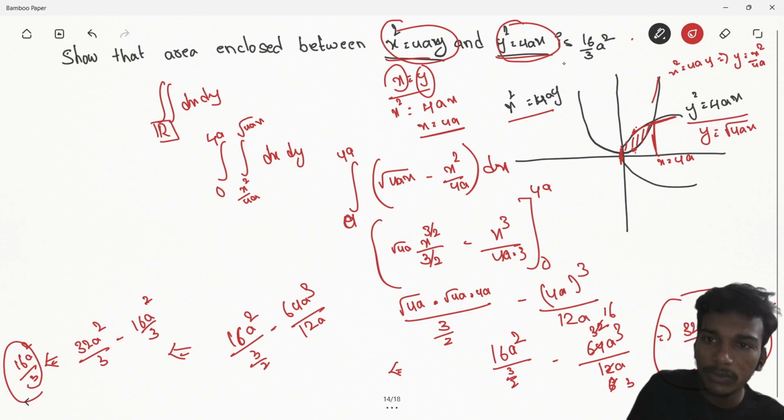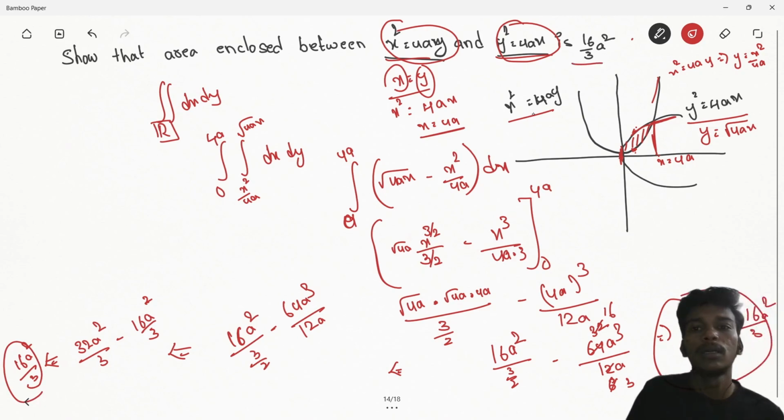This is what we had to prove, right? That's what was asked. This is how we use double integral for evaluation of the area bounded between two curves.